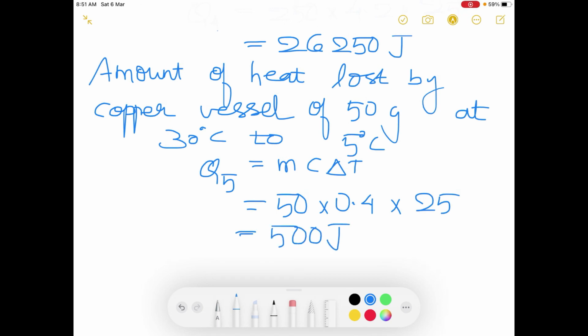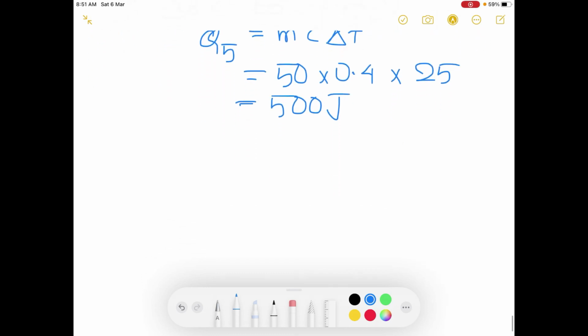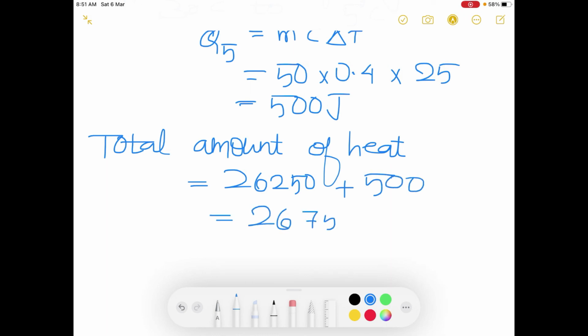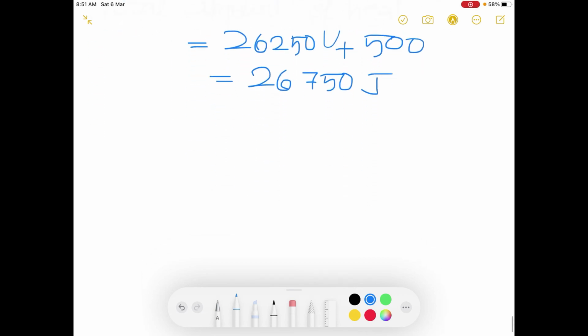Now total amount of heat find કરવી પડશે. So total amount of heat will be equal to 26,250 plus 500, that is equal to 26,750 joule. Now, as per the principle, the amount of heat gained will be equal to the amount of heat lost.